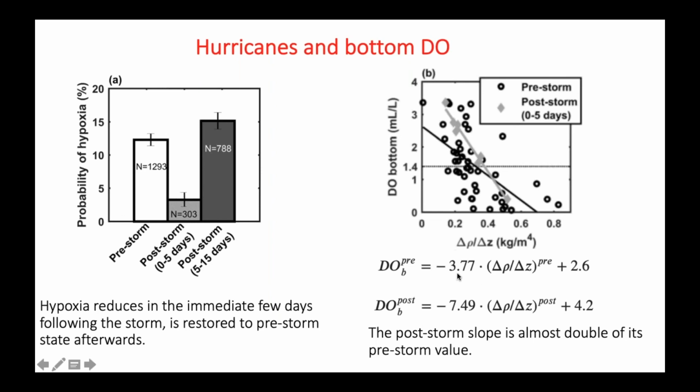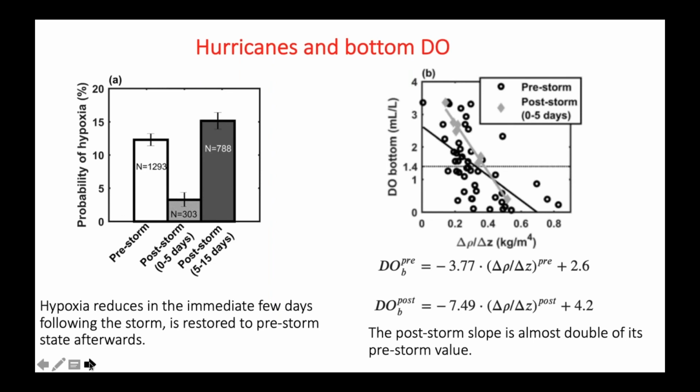This is reflected in the slopes of these two equations, this one for the pre-storm state and this one for the post-storm state. Compared to the pre-storm, the slope nearly doubles in the post-storm state. What this means is there's more drawdown of DO for the same change in stratification, and this is due to the additional effect of sediments that have been resuspended in the water column.